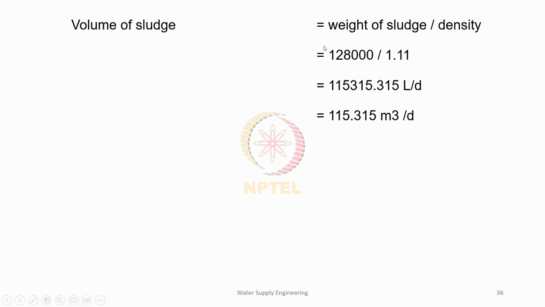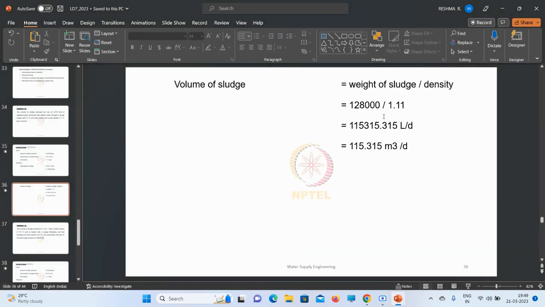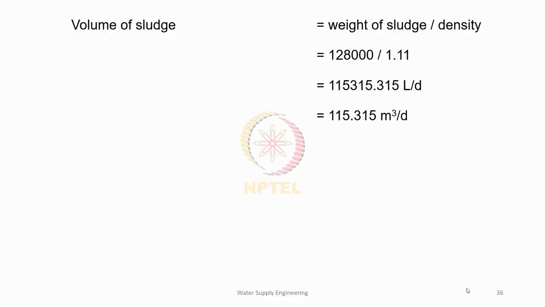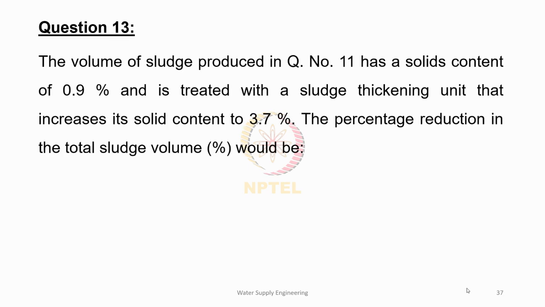Now the volume of sludge is weight of sludge divided by density. So the weight divided by density will give 115.315 meter cube per day. Hope that is clear to everyone.